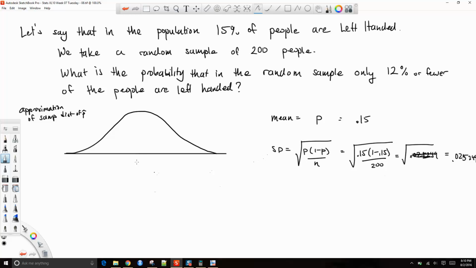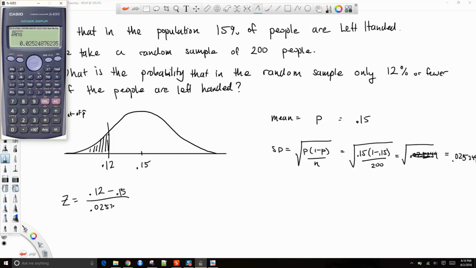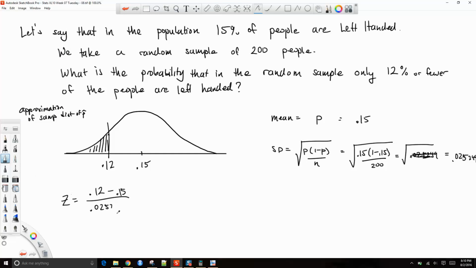That's my standard deviation. In my picture, I have 0.15 here, and we want 12% or fewer, so I'm going to have 12% down here, and I want to shade over here. My z-score is 0.12 minus 0.15, divided by my standard deviation, 0.025249.